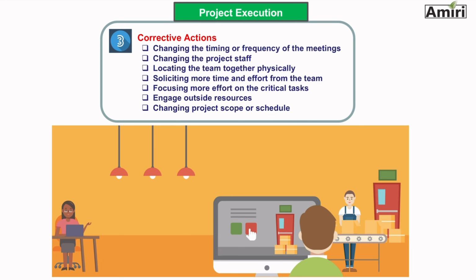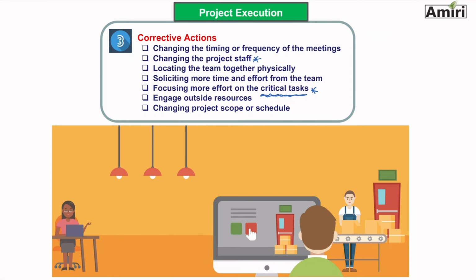Moving people around, changing project staff, adding staff to the project goes back to the project staffing team. That sometimes might help. This one kind of goes to this point here: putting more effort on the critical tasks. If you're not sure what critical tasks are, please watch the video when we talked about the project schedule, Gantt chart, PERT diagram, and DSM.